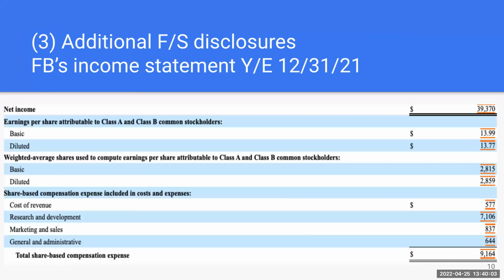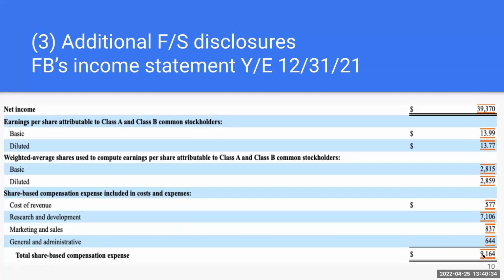Now, one of the things where Facebook is being incredibly progressive in terms of how they're showing their disclosures is when it relates to how much stock compensation expenses impacted their numbers. If you look at this below, what they're showing here is that share-based compensation expense that's included in the expenses getting us down to net income is 9.1 billion.